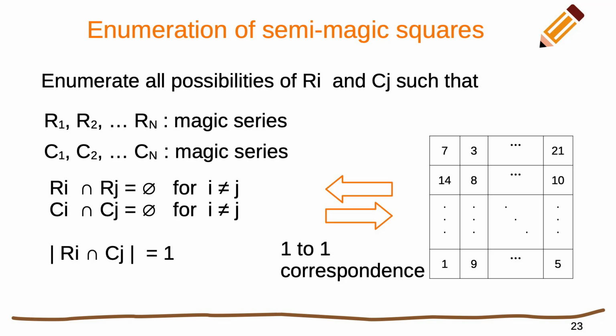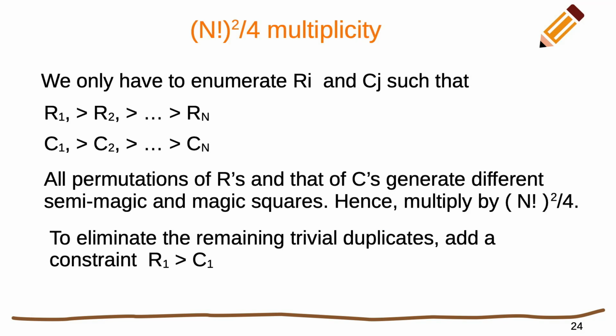Permuting rows or permuting columns of a semi-magic square arbitrarily results in another semi-magic square. Therefore, it is sufficient to generate only distinct combinations of row sets and column sets under this constraint, and then multiply the final count by the square of n factorial divided by 4.